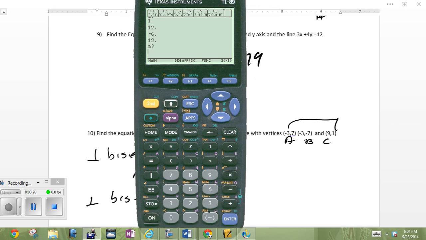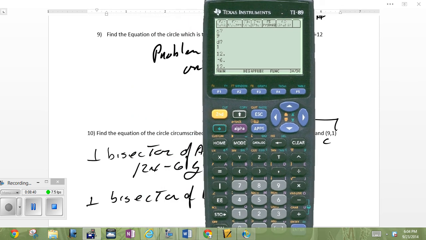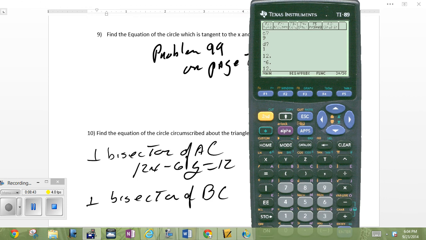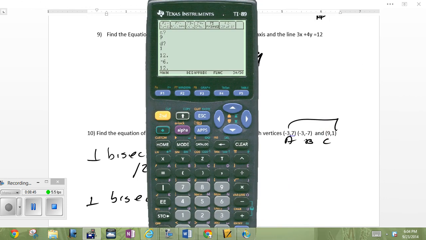Okay, -3, 7 and 9, 1. That gives me 12, -6, and 12. That must have been the same one I just computed.